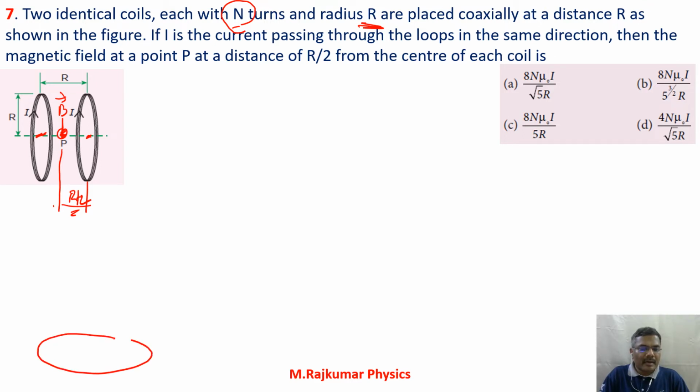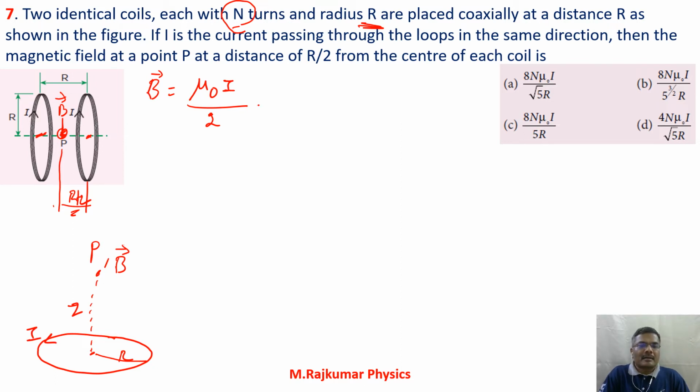If I have one turn of coil with a center and a radius r, and from the center of this coil a point P at a distance z, then the magnetic field at P is B vector, which is mu naught I by 2, where mu naught is the permeability constant and I is the current flowing through the coil, times r square divided by r square plus z square whole power 3 by 2.